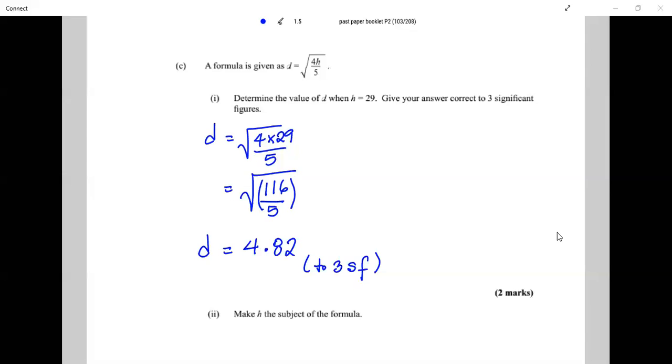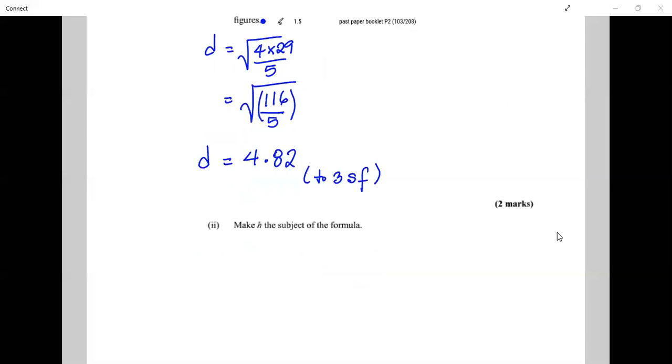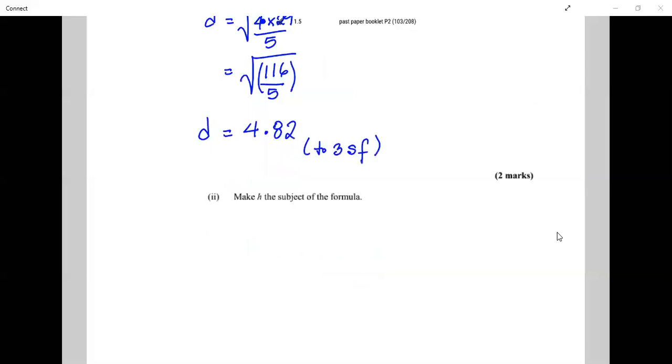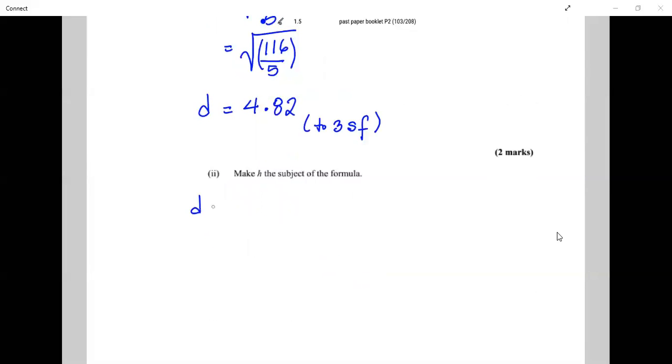And lastly, all right, we have D is equal to the square root of 4h over 5. And we're asked to make h the subject of the formula. All right, so when h is the subject of the formula, I need to have h by itself on one side.